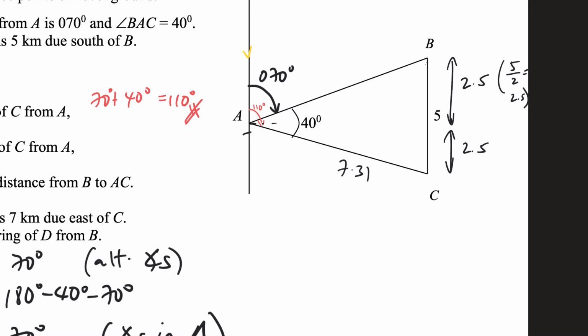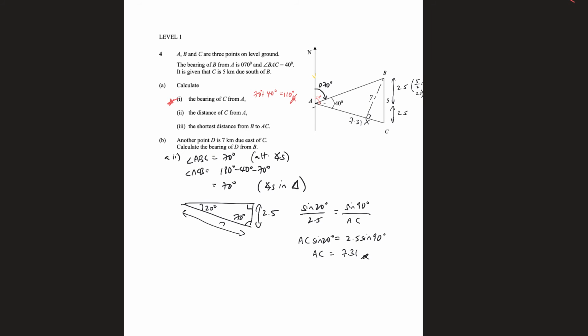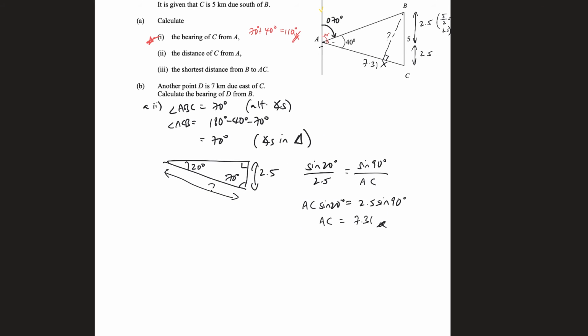What we need to do is drop a perpendicular down. And let's see if we can find this distance. It's always useful to call this point x, where it meets. So we're trying to find BX. Let me do my working over here, maybe.